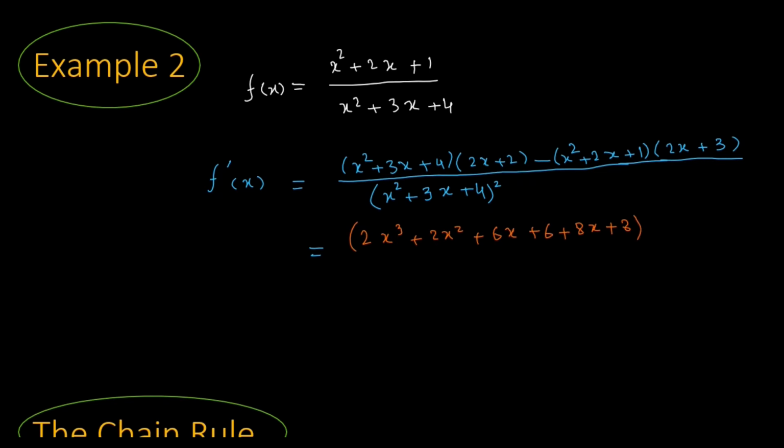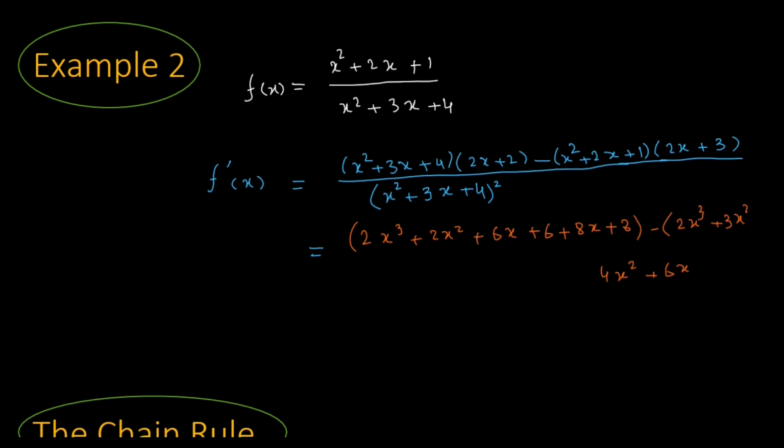Minus, multiply x square with 2x plus 3, it will be 2x cube plus 3x square. Now multiply 2x with 2x plus 3. When you multiply 2x with 2x, it will be 4x square, and 2x with 3, it will be 6x.